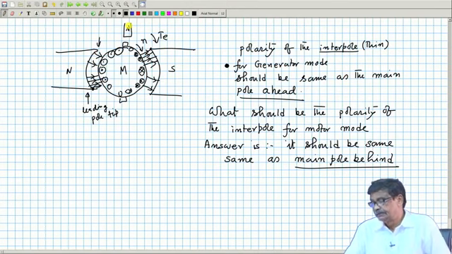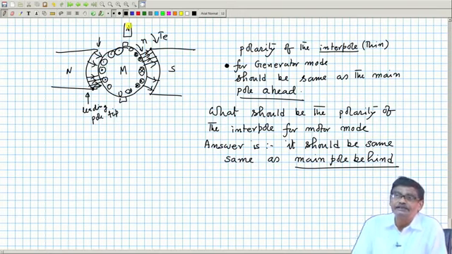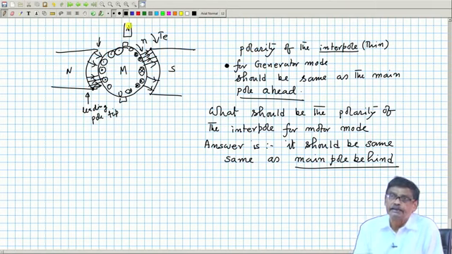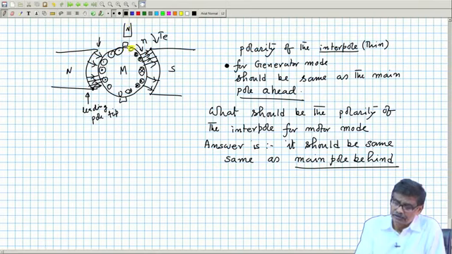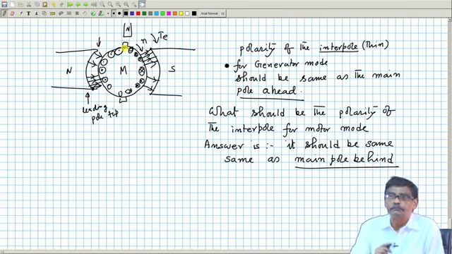So, with this I stop today, but please go through this. So many interesting things you can explain with very simple logic in a DC machine. One of the important drawbacks of a DC machine is because of the commutator segments and brushes and the commutation.